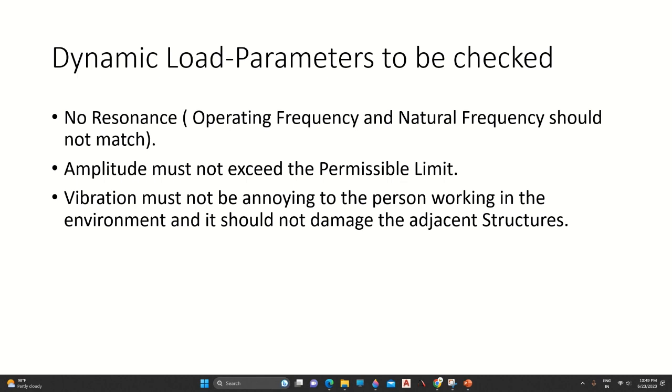A similar concept will happen especially for structures, where your operating frequency matches the natural frequency of the structure.